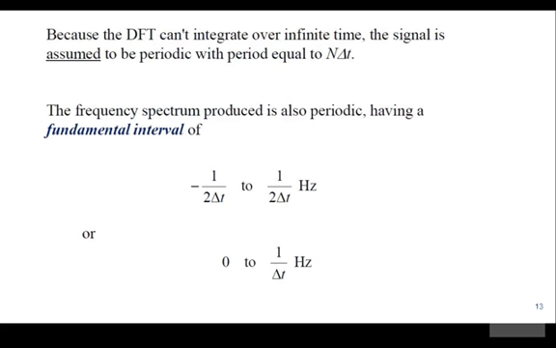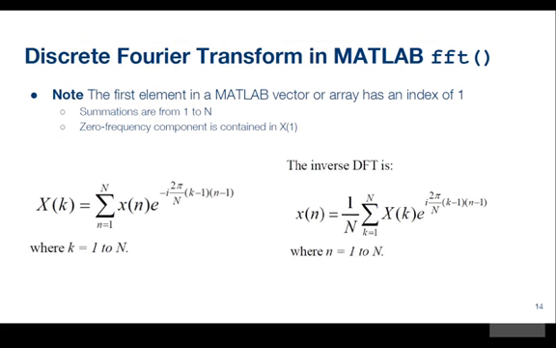Because we're sampling, we can't access all frequencies; if we had more data points, we would be able to see higher frequencies. For the integral, we would see a spectrum that extends out to infinity as well. But the nature of sampling limits the number of frequencies we can actually access from the signal. Remember, what we're doing is multiplying the signal by frequencies and adding up all the products of the different frequencies.